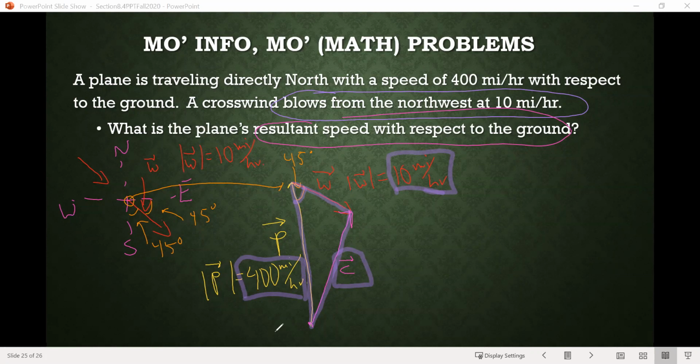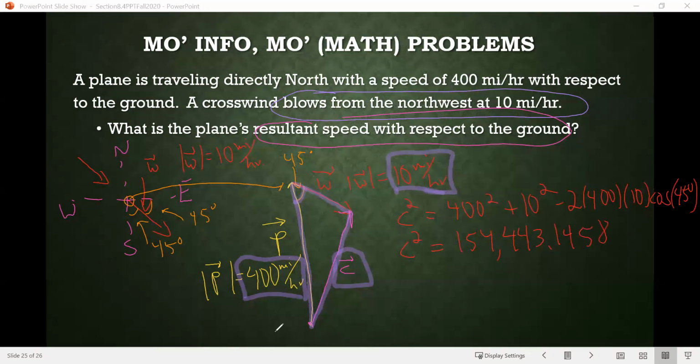So for simplicity's sake, C squared equals the length of the first side, 400 squared, plus the length of the second side, 10 squared, minus 2 times 400 times 10 times cosine of the angle in between, which is the 45-degree angle. If you work that out, we end up with C squared equals 154,443.1458.